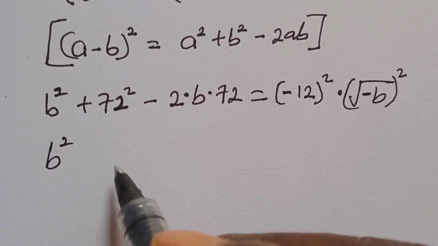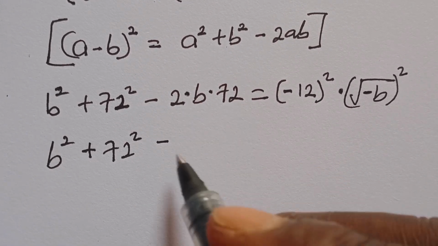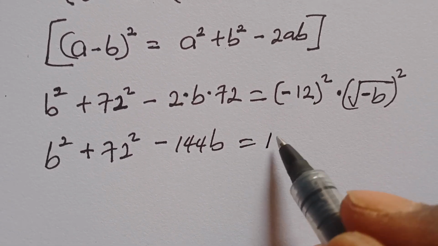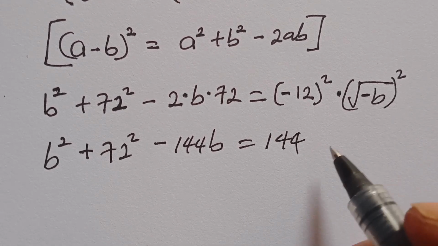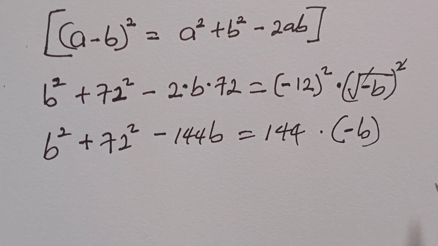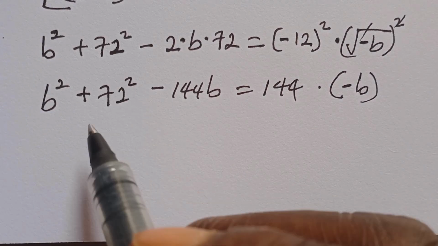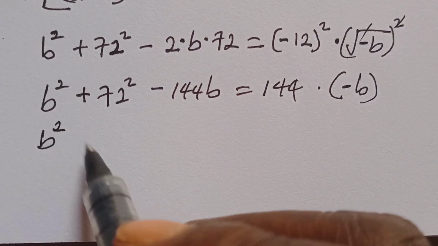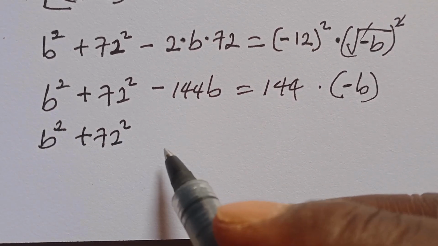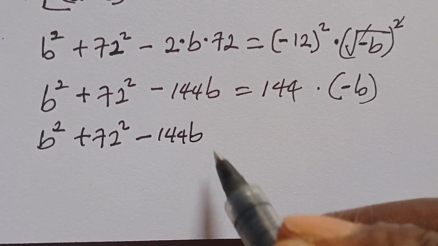We now have b squared plus 72 squared minus 2 times 72, that will give us 144b, equal to minus times minus, which gives plus, then 12 times 12, which gives us 144. Multiplied by the square, which has cancelled out the square root, we are left with minus b. So we have b squared plus 72 squared minus 144b equal to 144 times minus b, that is minus 144b.